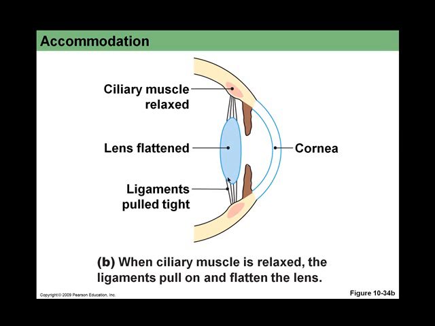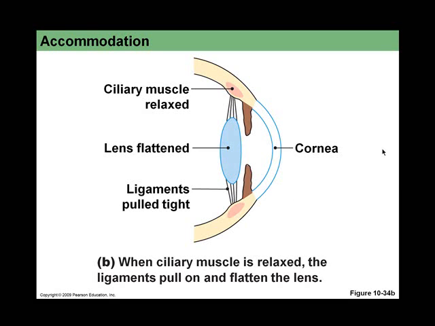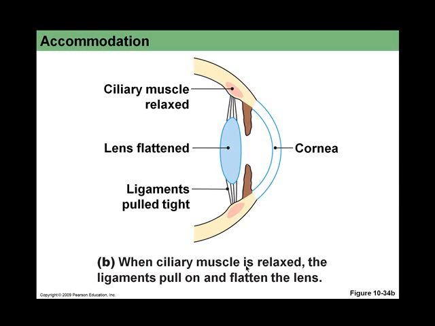And the more flattened lens is for more distant vision. So we are going to want to relax or turn off the neural impulse to these for distant vision. So when the ciliary muscle is relaxed, the ligaments pull on and flatten the lens.